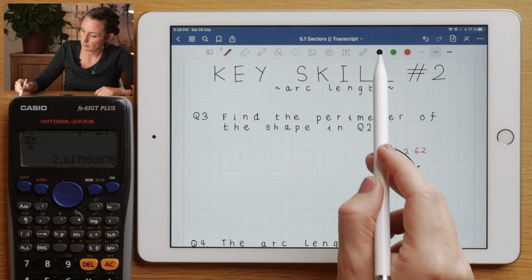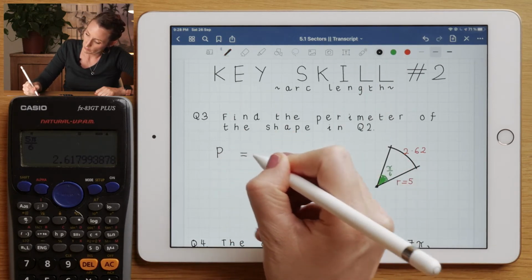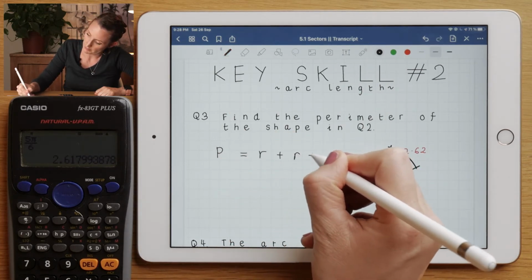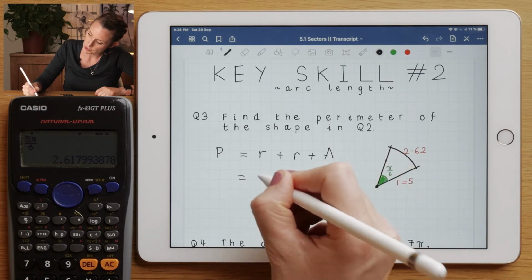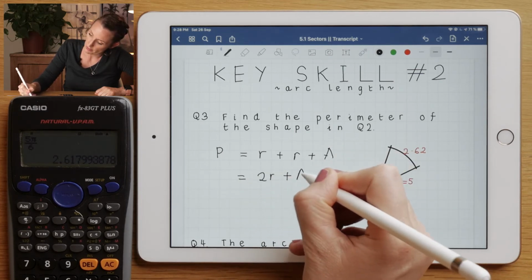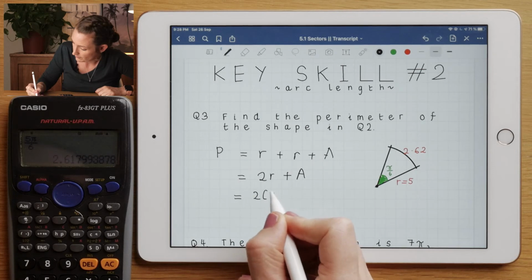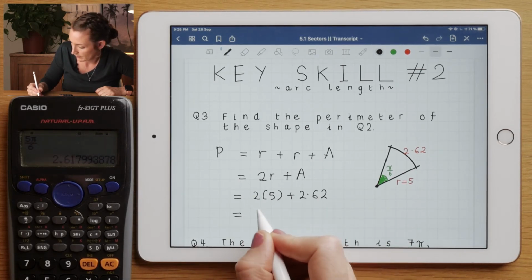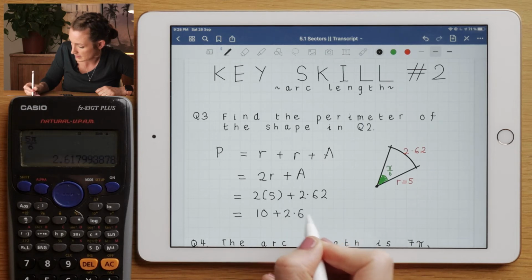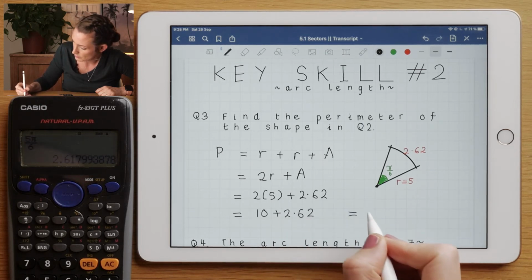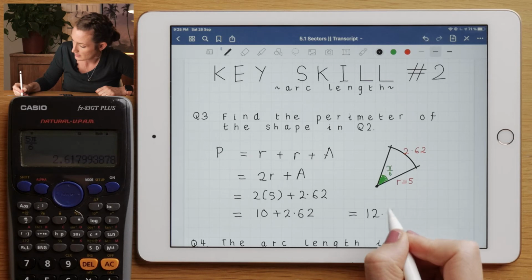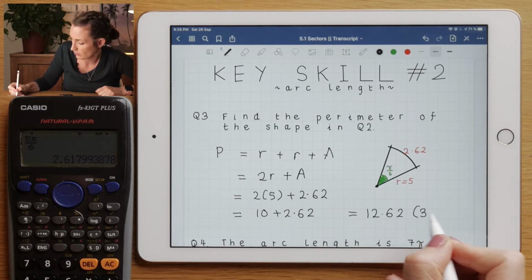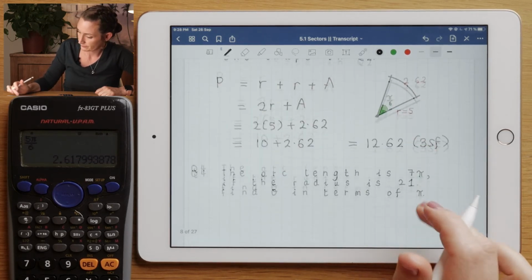So perimeter would be equal to 2r plus the arc length. So r is 5, and the arc length was 2.62. So 10 plus 2.62, which is equal to 12.62 if we're rounding to 3 significant figures.